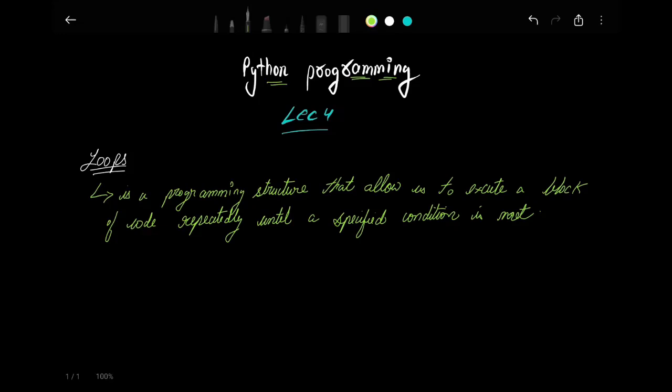In simple words, a loop means doing the same task again and again without writing the same code multiple times. Instead of copying and pasting code repeatedly, we write it once and tell Python how many times to repeat it, or until what condition it should execute.